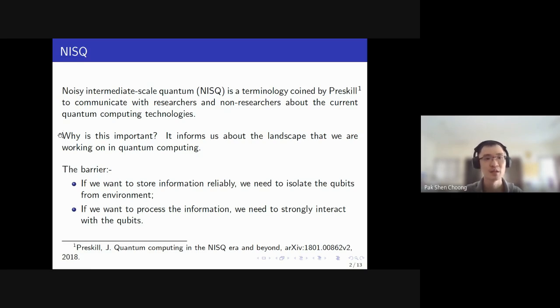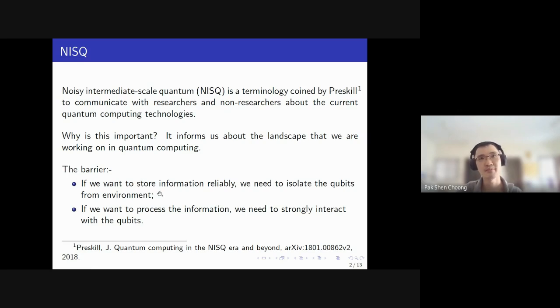So the greatest barrier of quantum computing technology is because basically we are fighting between two sides. We know that if we want to properly maintain the qubits so that they do not decohere to the environment, we actually need to isolate the qubits from the environment. So the better we do the job, the better we can store the information.